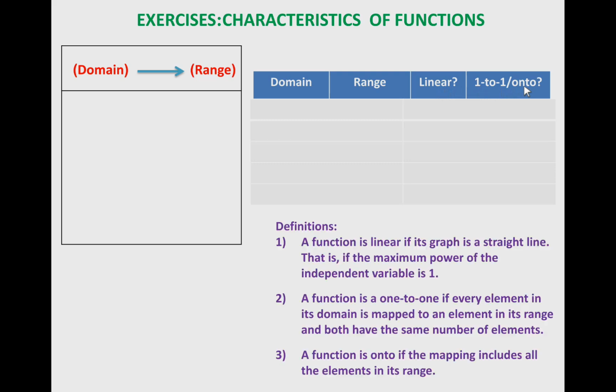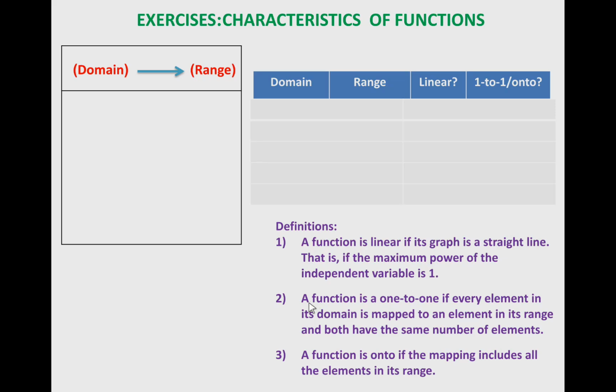So let's repeat the same functions, and before we get to the functions, we will look at the definitions. A function is linear if its graph is a straight line. That is, if the maximum power of the independent variable is 1, then the function is linear.